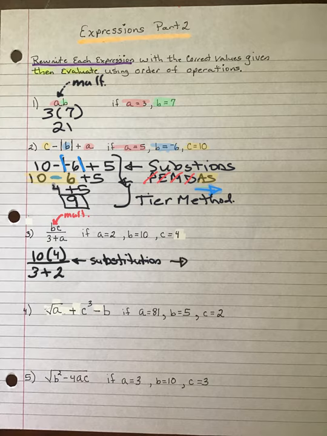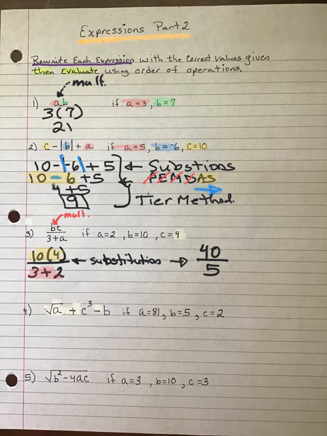So we're going to multiply 10 times 4. We're going to add 3 plus 2, and let's see what we get in the numerator and the denominator. So when you multiply 10 times 4, doesn't that give me 40 in the numerator? And isn't 3 plus 2 give me 5 in the denominator?